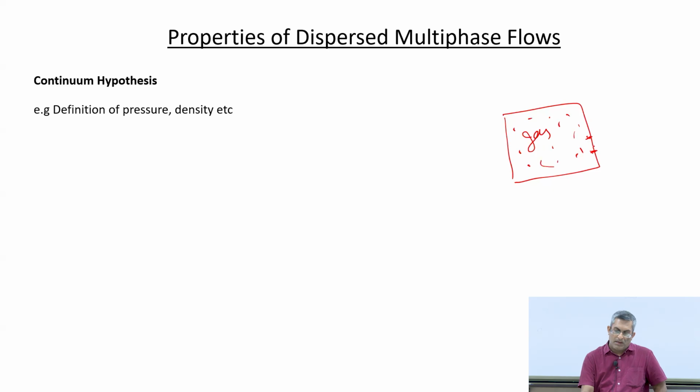Then I consider another location, say here. Now at the same time, I wouldn't expect the same number of molecules to collide with the wall at two different locations. So this means that pressure should be a function of space and time both.